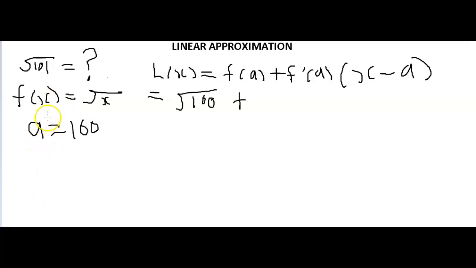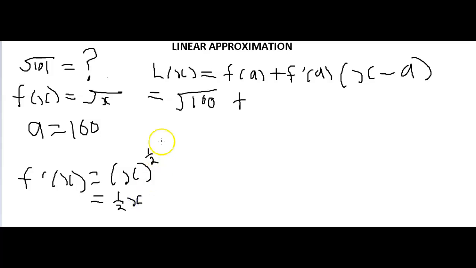Now, the first derivative of the square root of x. To make that a derivative, you can rewrite the square root of x as x to the power of 1 over 2. Now, to do this, you basically use the exponent law: you multiply by the exponent, a half, so it becomes a half x, and then you subtract 1 from the exponent, so it's minus a half.